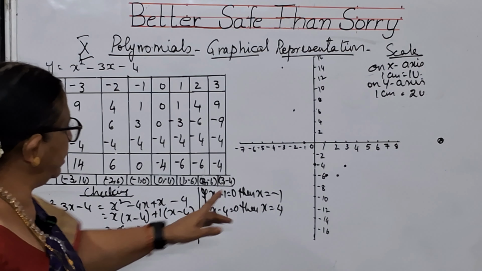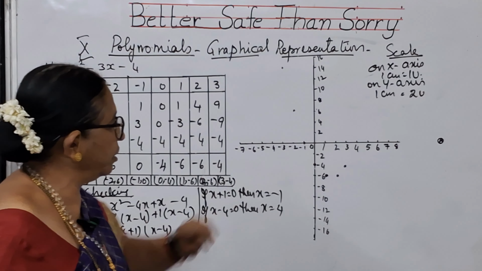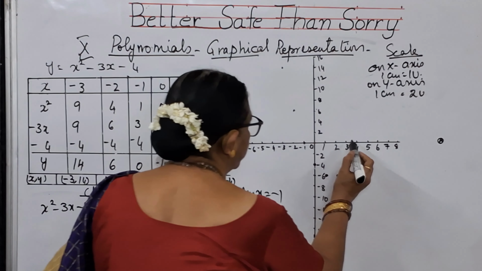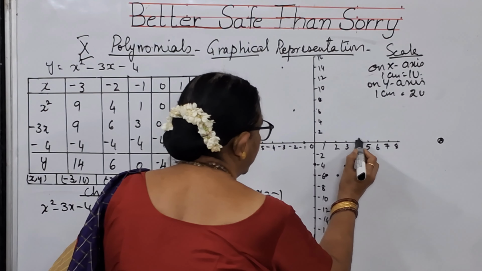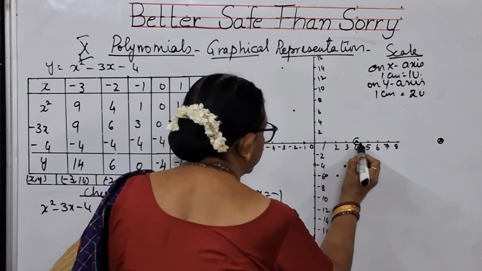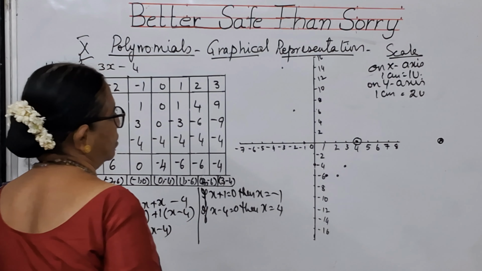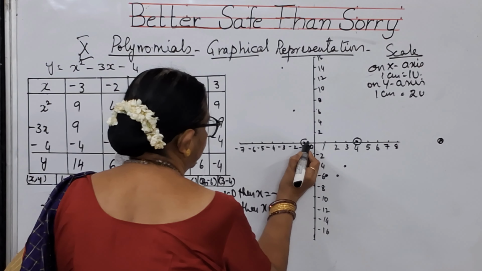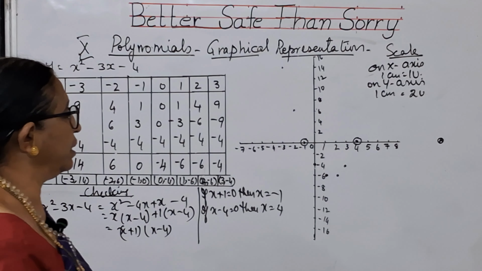So x is minus 1 means you should have a point on minus 1. You have already got it. At 4 you are not having, but you keep a point here at 4 and circle it. Afterwards, here minus 1 comma 0. This is one circle you have done. So solutions you have circled, children.